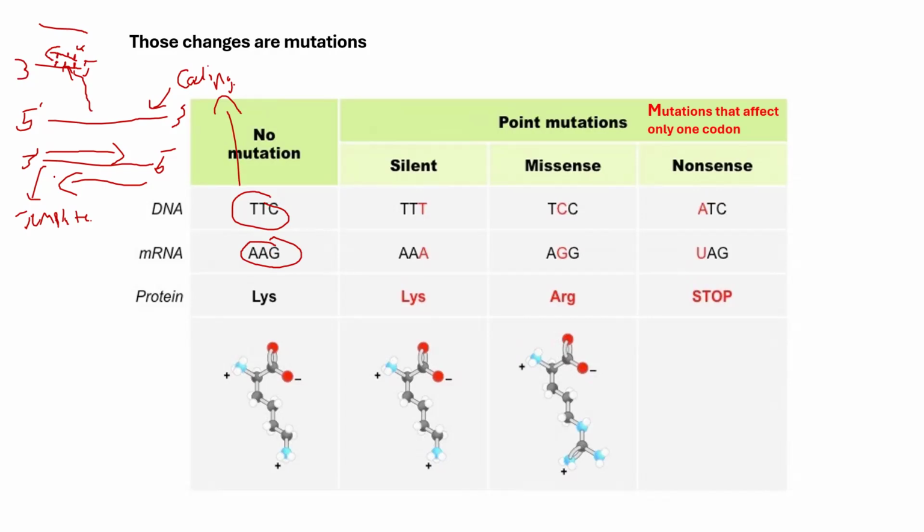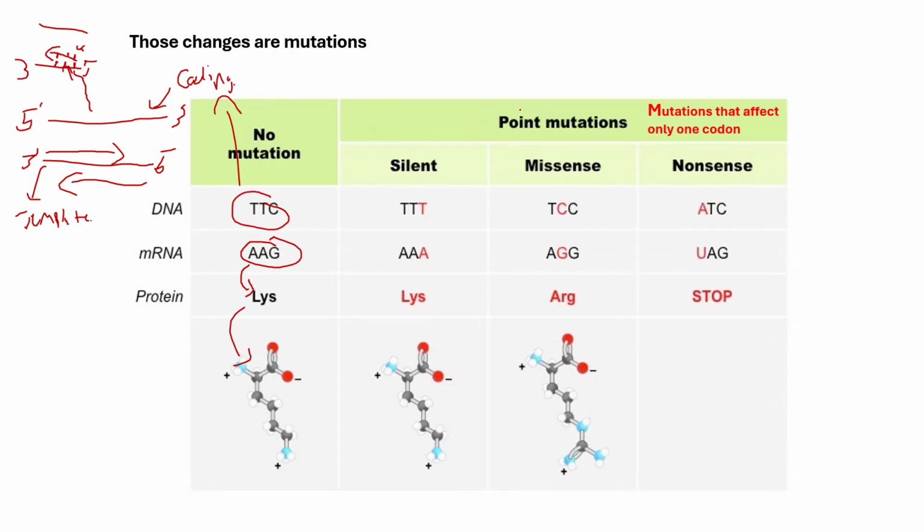Because we're reading in the opposite direction, we're doing it in complement. So TTT equals AAG. AAG is lysine. So this order of sequence is really important because that defines the amino acid that we create.